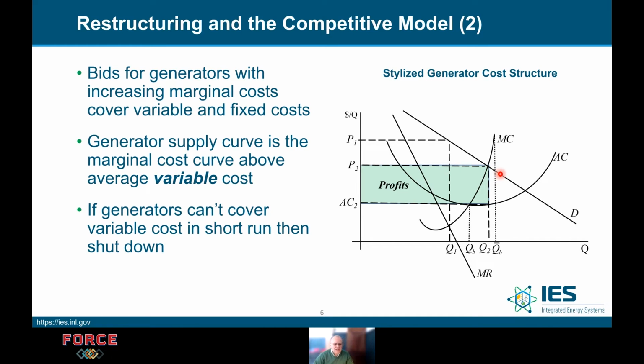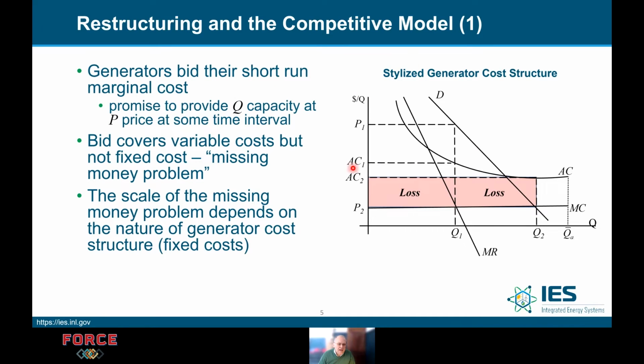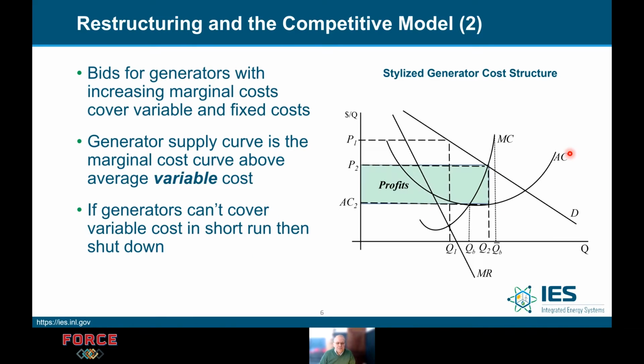The interesting thing about this is that generators with a cost structure that looks like this are in the same market competing against generators that have a cost structure that looks like this, which creates a competitive environment for this class of generators that's very difficult to compete in.